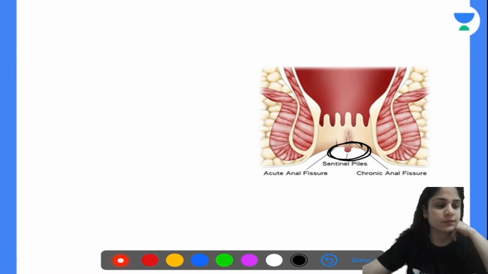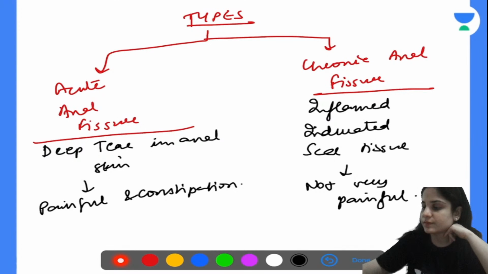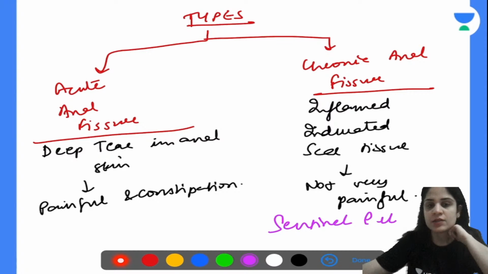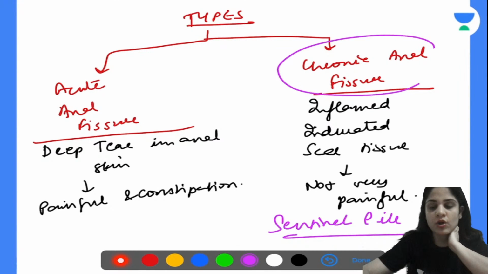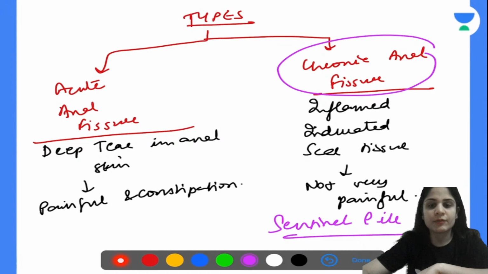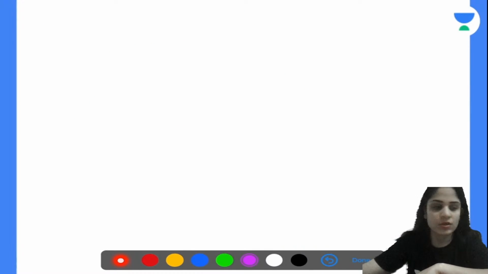What is it called? Yes, absolutely correct. This is called a sentinel pile. So what exactly is a sentinel pile? It is seen in case of a chronic anal fissure. We'll see that ahead. But before that, you need to know the clinical features in case of fissure in ano.